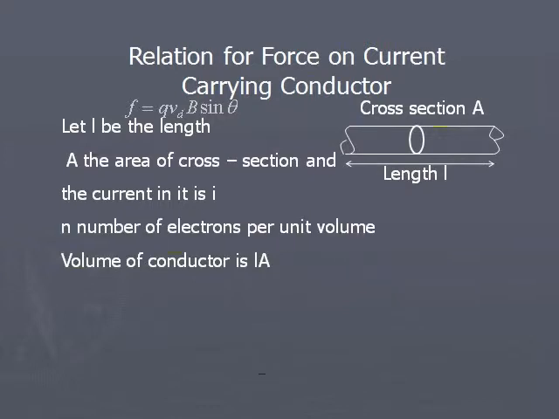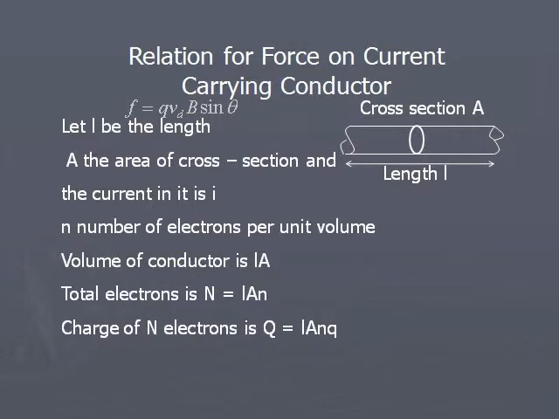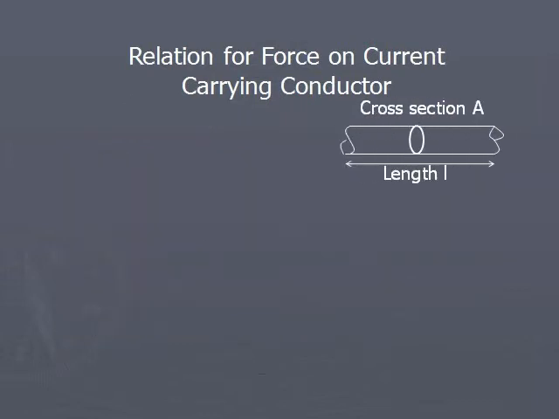If small n represents the number of electrons per unit volume, the total electrons in the conductor is given by capital N is equal to small n into LA. LA is volume. Volume multiplied by electrons per unit volume gives the total electrons. So the total electrons capital N is equal to small n LA.